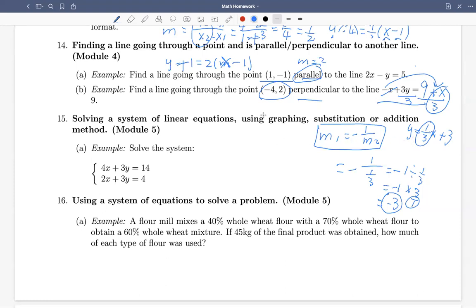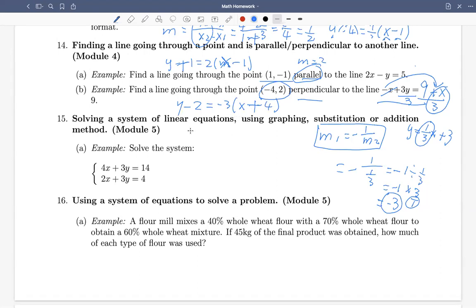Now with this slope negative 3, we can use the point-slope formula: y minus 2 equals negative 3 times x minus negative 4. Minus negative 4 becomes x plus 4, right? We can leave it like this.